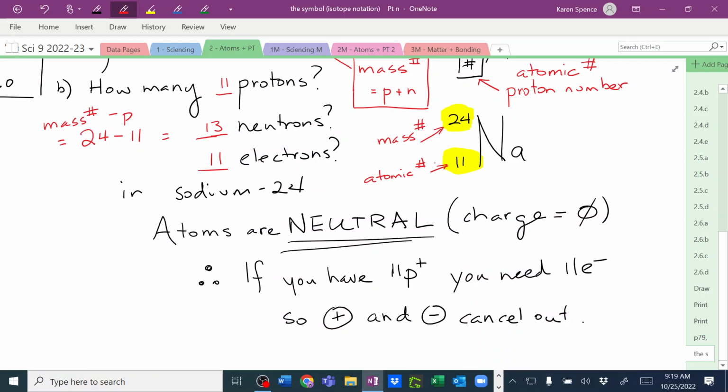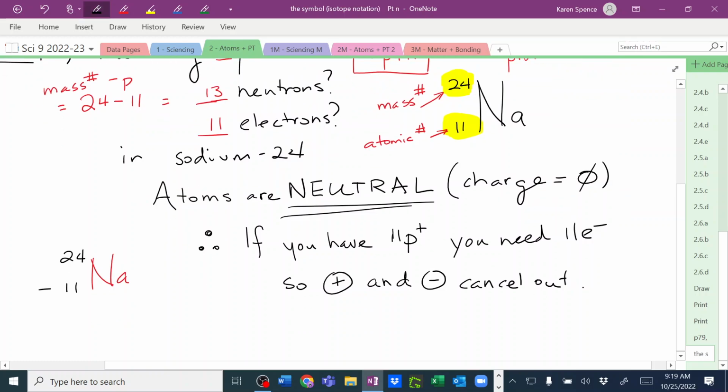So if I rewrite this down here, and I take 24 and I subtract the 11, then I would get 13 neutrons. And I think that's the reason why the bigger number, the mass number, is on the top, so that it's more visually like subtracting. That's just a guess. I don't know that for sure. Okay?